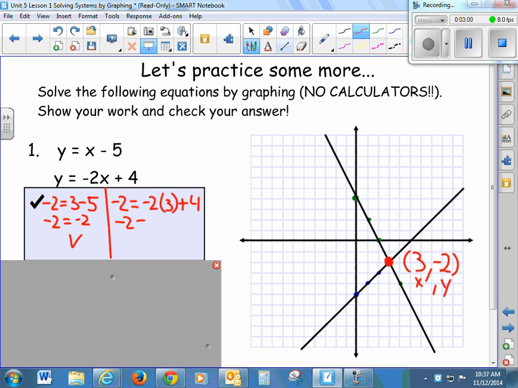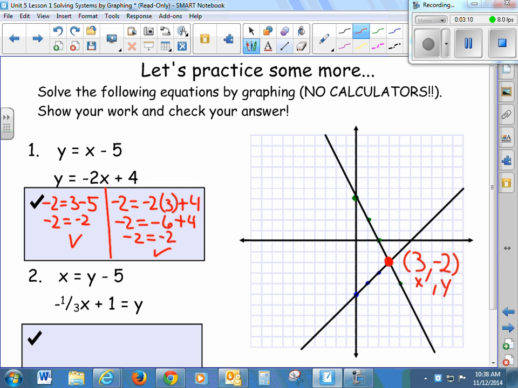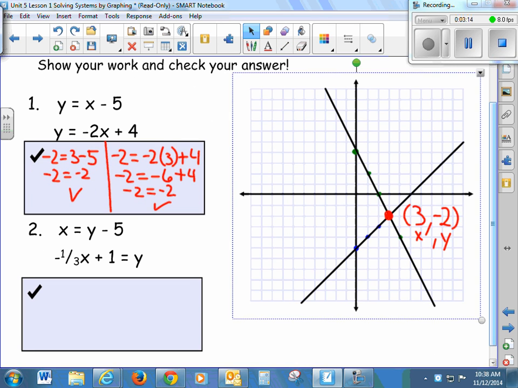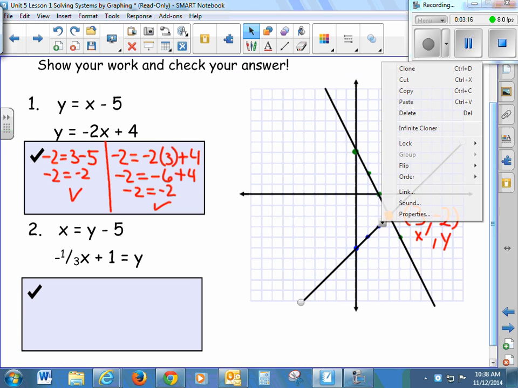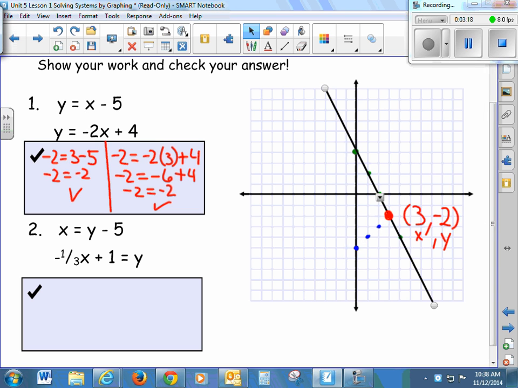So negative 2 equals negative 6 plus 4, and negative 6 plus 4 is negative 2, so it checks as well. So we know that we have a solution that is correct. The solution to this system is positive 3, negative 2.